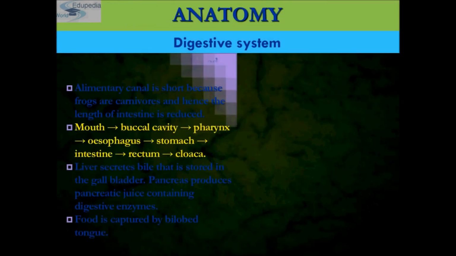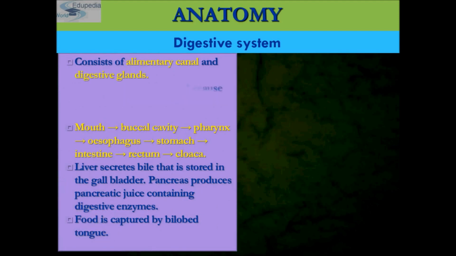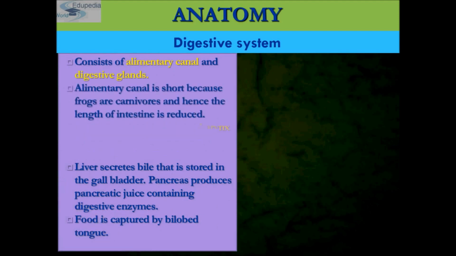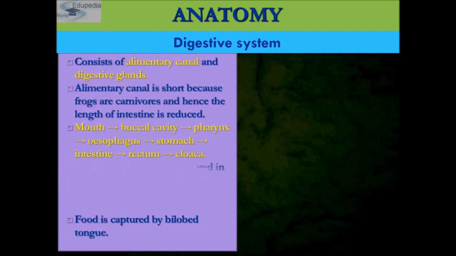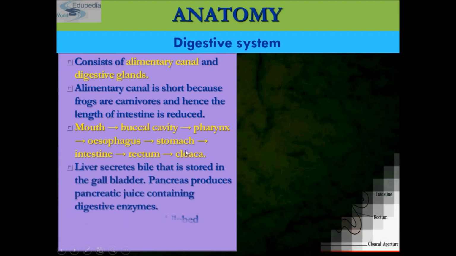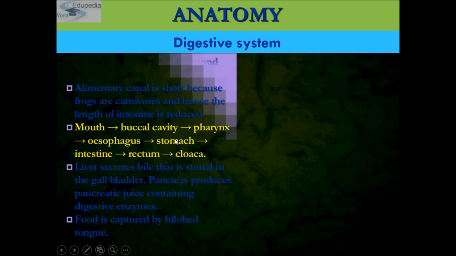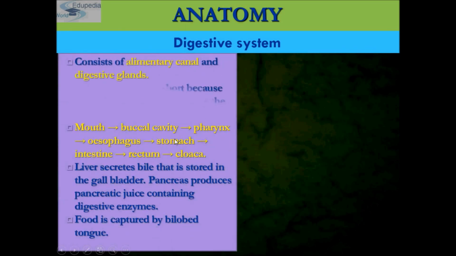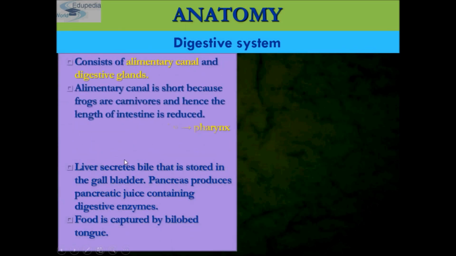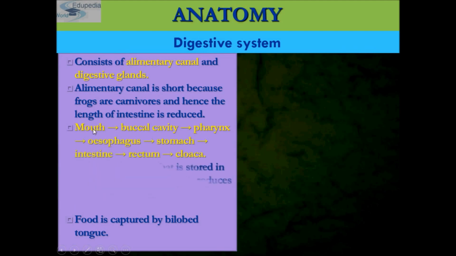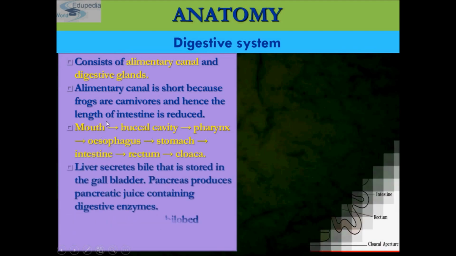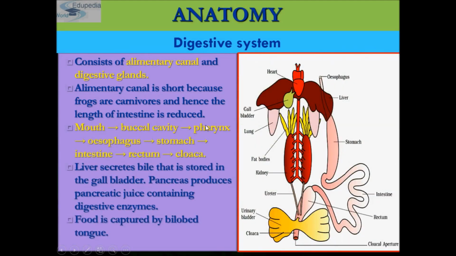Now let's see the anatomy of the digestive system. As I have told you, it consists of the alimentary canal and digestive glands. So how does this go on? First, food is taken into the mouth, then it goes into the buccal cavity, pharynx, esophagus, stomach, intestine, rectum, and finally into the cloaca.